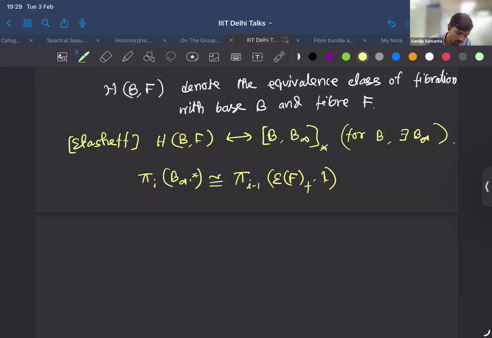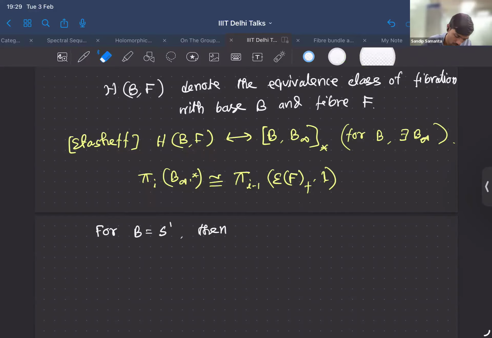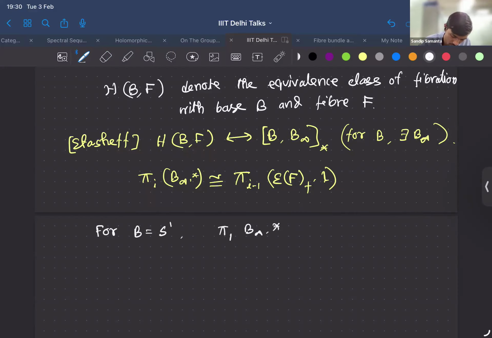Now if we apply the condition for B equal to S1, then pi 1 of B infinity at star is isomorphic to the pi 0 of epsilon F1.